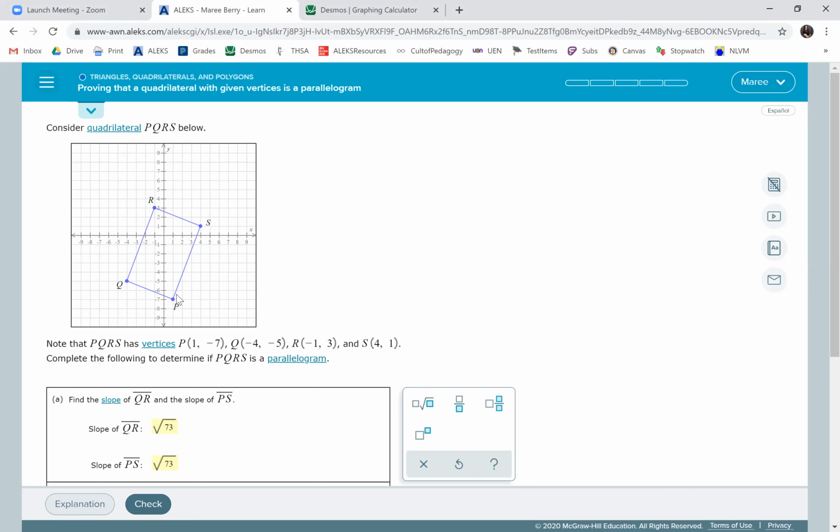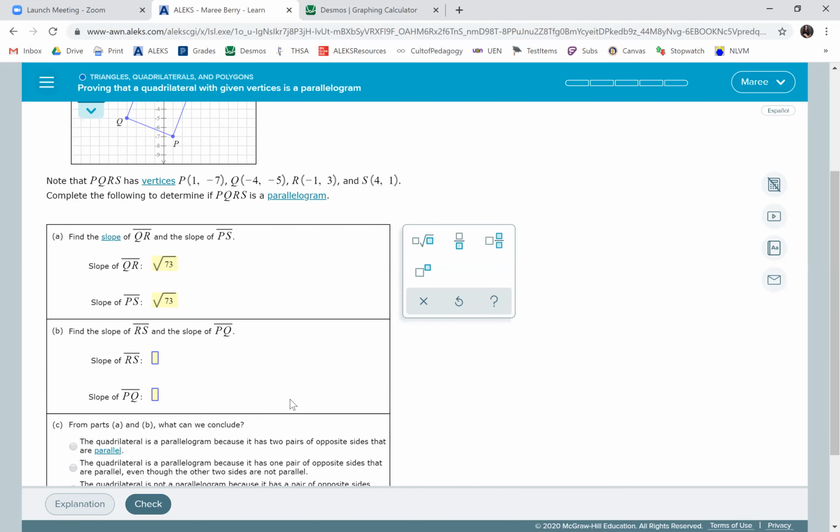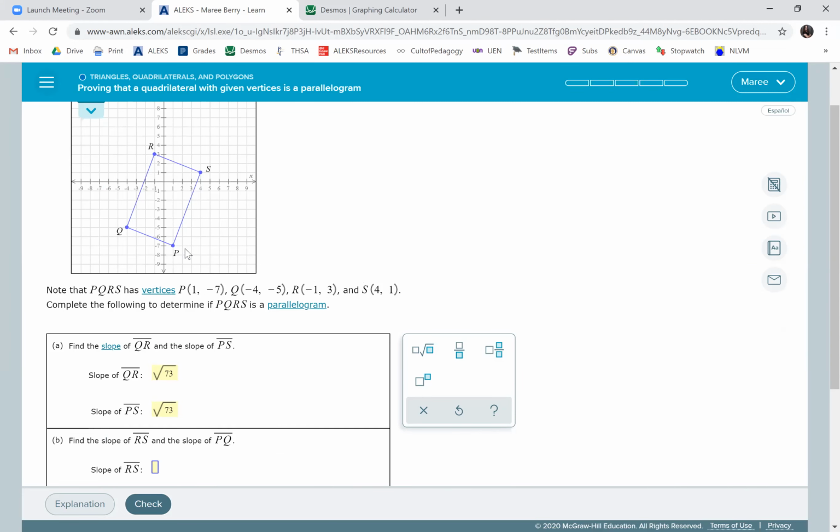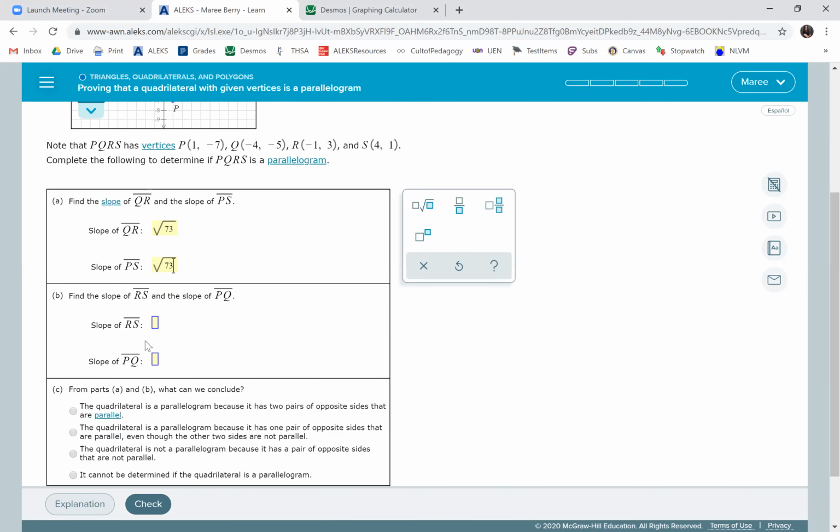And then it's looking for slope. So I think we're doing RS and PQ. Okay, the slopes of RS and PQ are both negative. So let me just put that in before I forget. And then we'll get the fraction. Just have to remember rise over run.